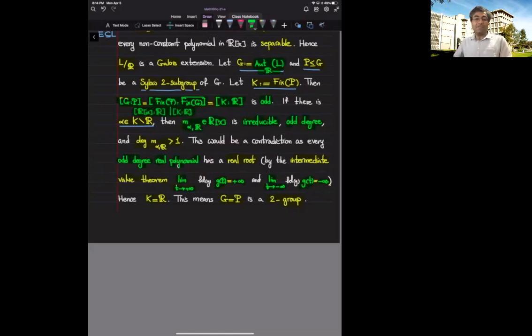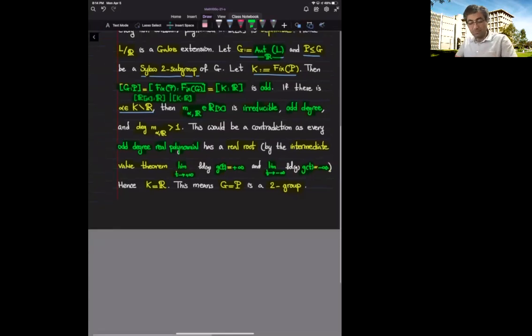Again, I can use the intermediate value theorem and deduce that g has a 0, but an irreducible polynomial of degree at least 2 cannot have a 0. And that tells us that this field K, the fixed points of the Sylow 2-subgroup, is just the real numbers.